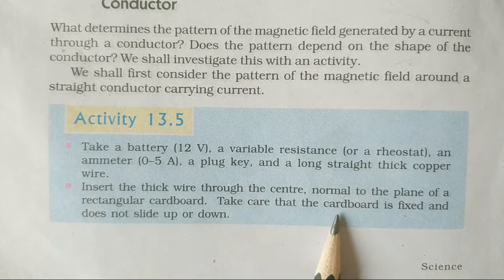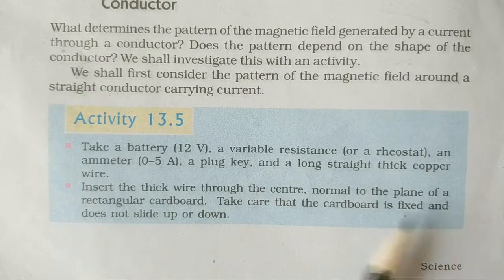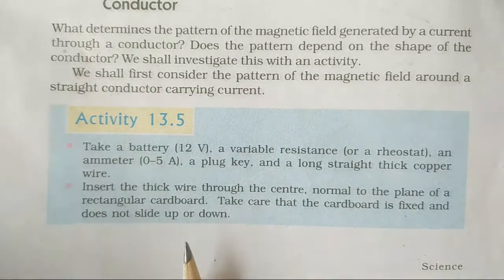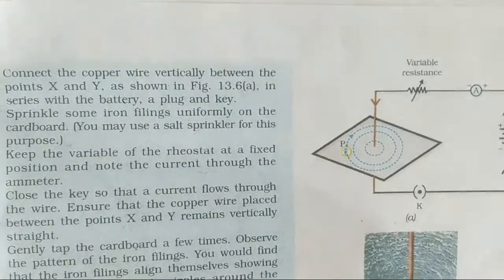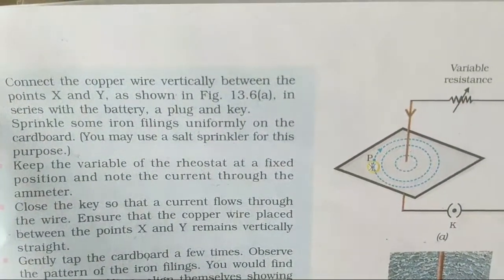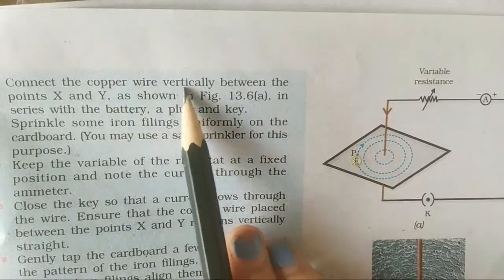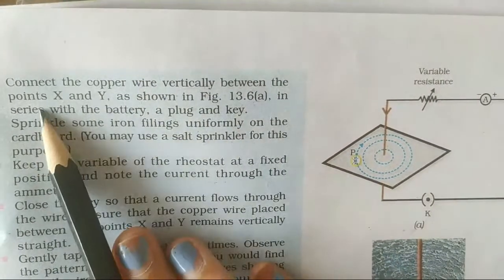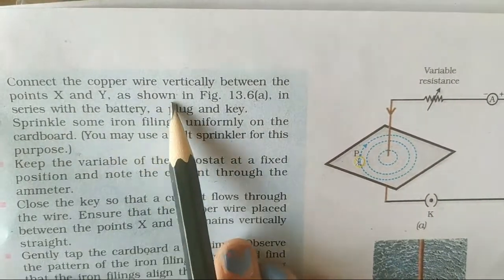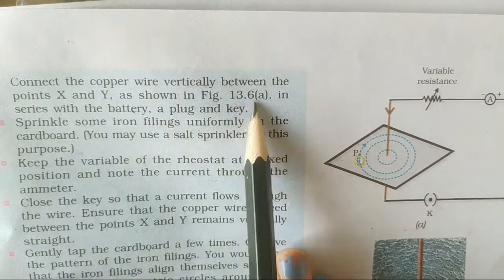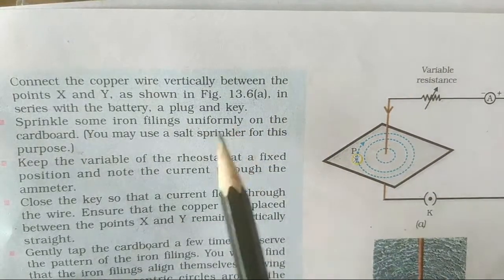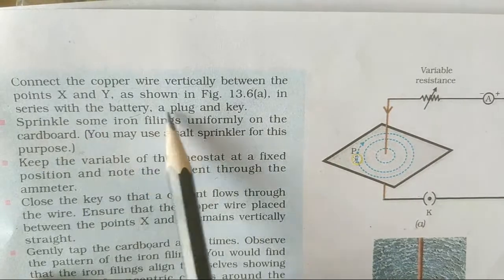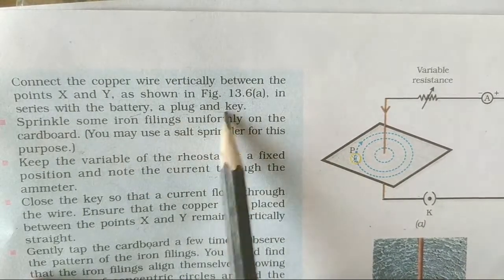Take care that the cardboard is fixed and does not slide up or down. Connect the copper wire vertically between the points X and Y as shown in figure 13.6a, in series with a battery and a plug key.